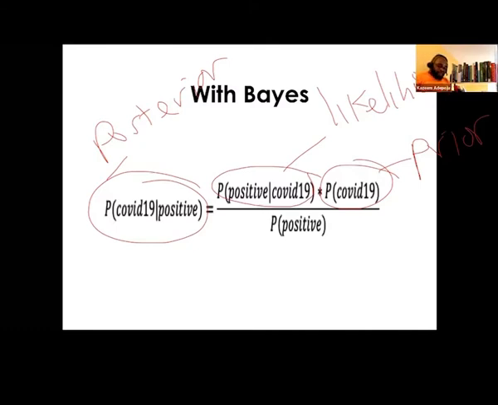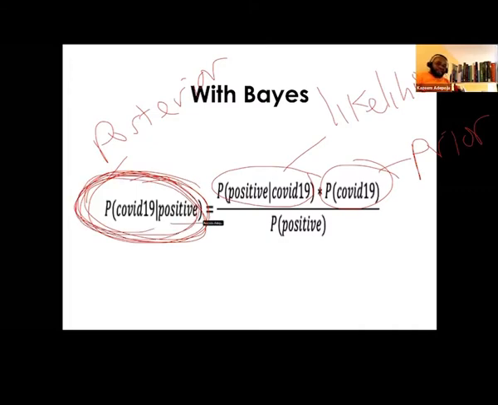Now let me start with the posterior. What do I mean by that? Somebody has tested positive for COVID. What is the probability that COVID-19 is actually present? I'm going to say that again. I'm trying to interpret this posterior right now.